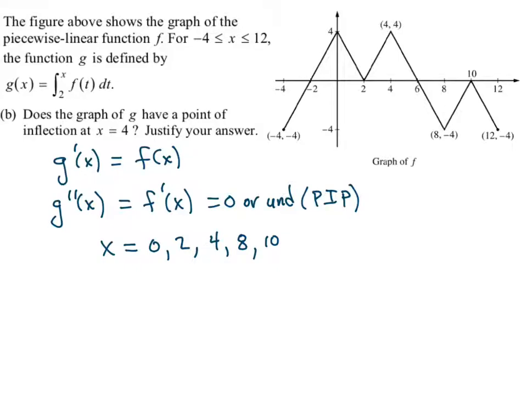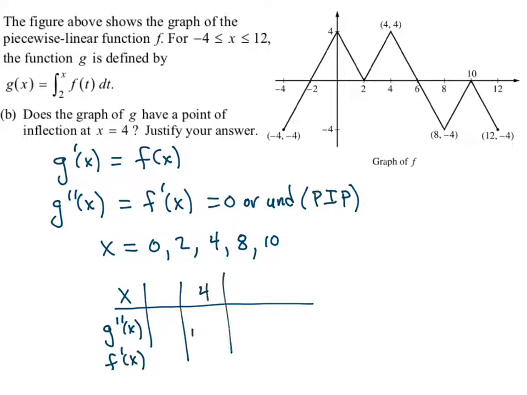And so I'm going to just build a sign table again, this time using the second derivative of g, which really is the first derivative of f. So I'm going to throw 4 in the middle, pick some sample numbers right around that, like 3 and 5. And I want to figure out now, what is f prime? What is the slope at 3 and then at 5? So the slope would be positive to negative.